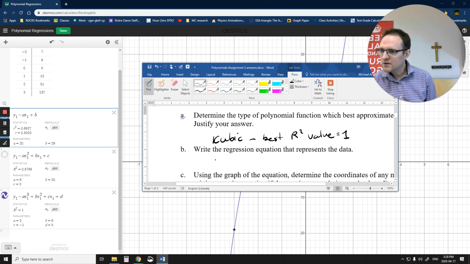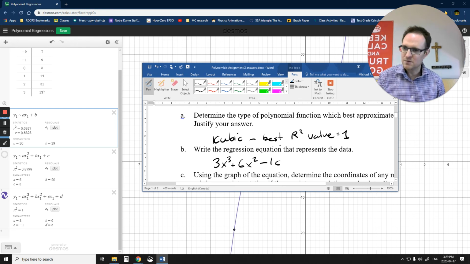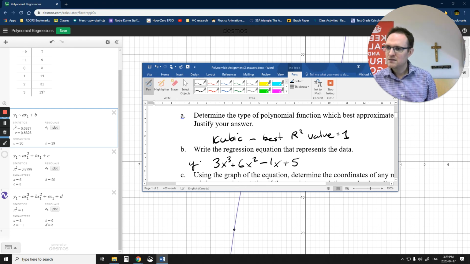So we have 3, so this is A cubed, 3x cubed. Then it has bx squared, so b is 6, squared. And then it has plus cx, but the c is a -1, so I'm going to put a -1. Oops, no, don't put the c there, you're replacing everything. X, and then my d is plus 5. So there's my equation.